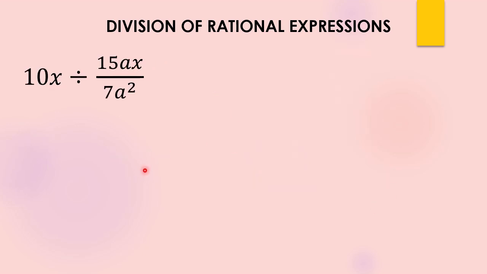Okay, let's have another one. I have here 10x divided by 15ax over 7a squared. So to divide, let us put 1 to 10x.